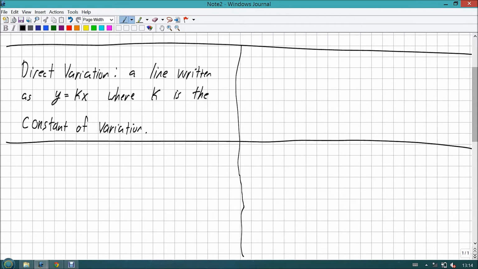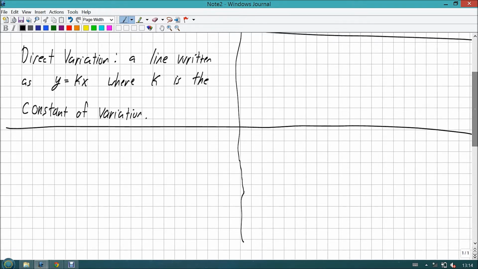So let's look at what this would look like if we were trying to do this in slope-intercept form, or y is equal to kx form. Let's say that we're given the formula y is equal to 2x. To graph y is equal to 2x, the first thing that you need to do is draw an axis.